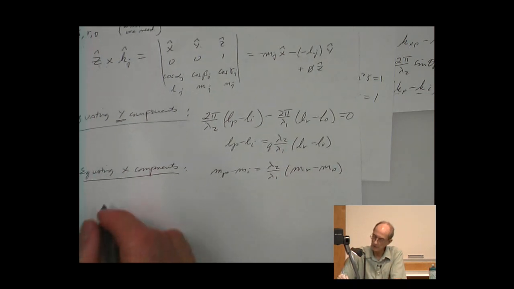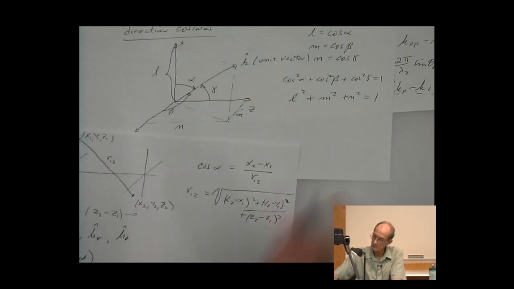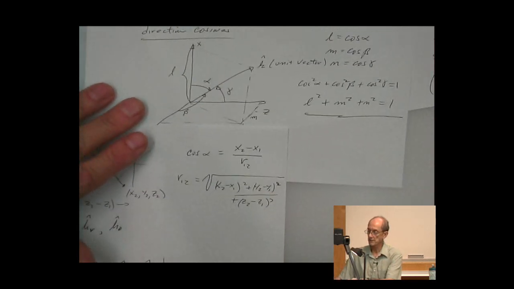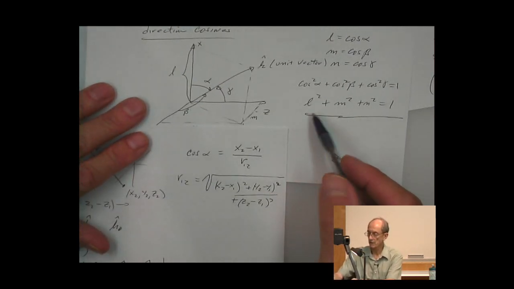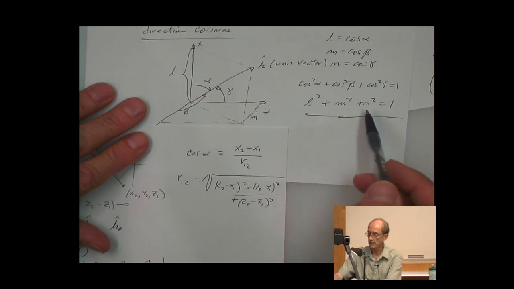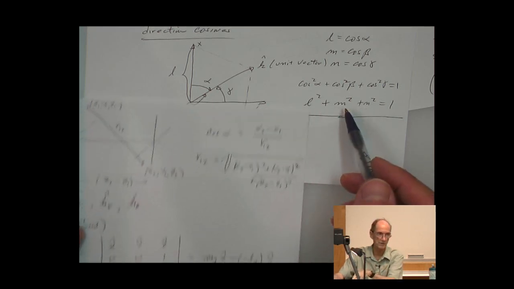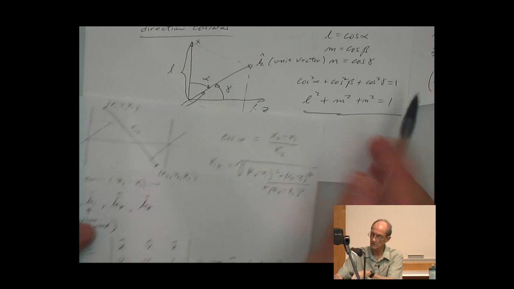And now for the z component, we use this relationship for consistency. We're going to use that relationship because for the direction cosines, we can't specify another value for n. It has to be consistent with the L and M that we have. All right, so we need to use this relationship here.